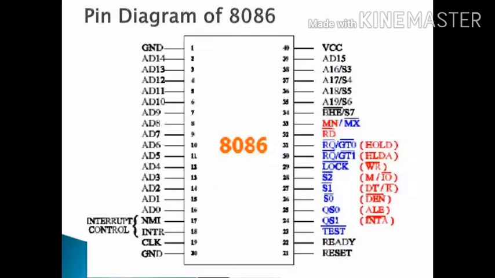Request grant 0, that is pin number 31, has higher priority than request grant 1, GT1. So pin number 31 has higher priority than pin number 30.